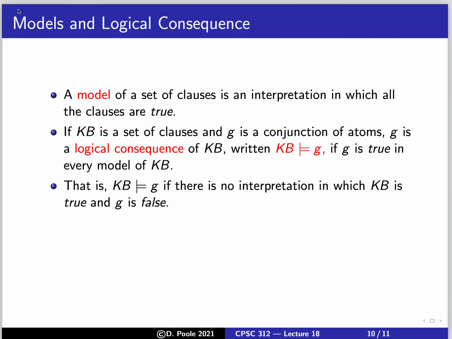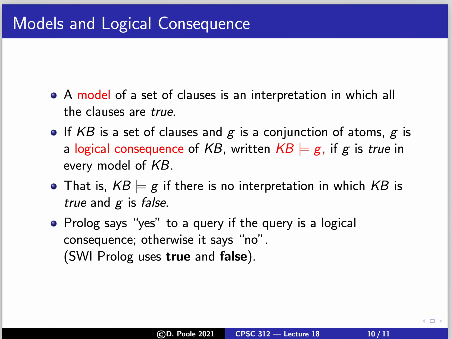Okay, so knowledge base KB logically entails G, G is a logical consequence, if there's no interpretation in which the knowledge base is true and G is false. Okay, now Prolog says yes to a query if the query is a logical consequence, otherwise it's going to say no.